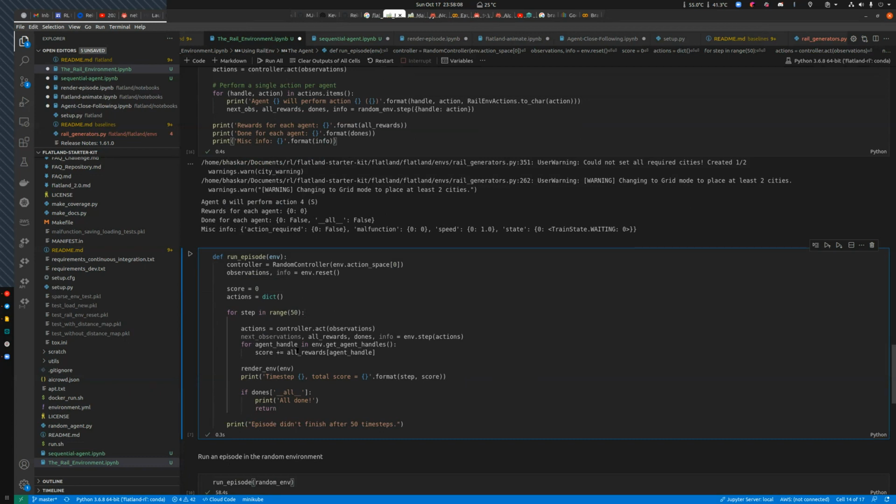Here you can see in the run_episode method, what they have done is a simple random controller and observations, and they have given a loop to iterate over our controller's observations and take a step depending upon how an agent particularly handles that particular environment, and it's the same here.